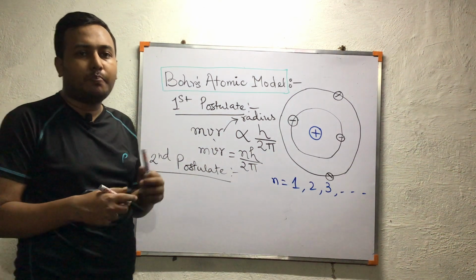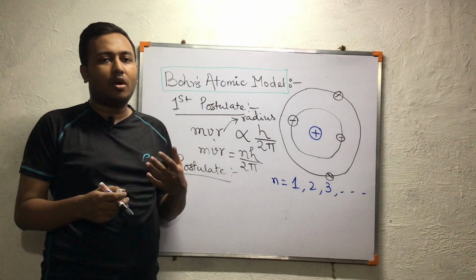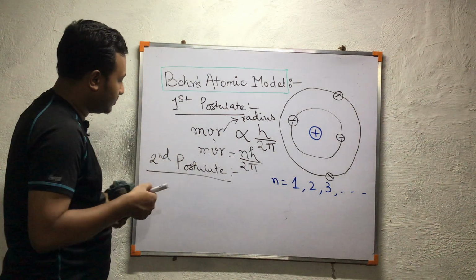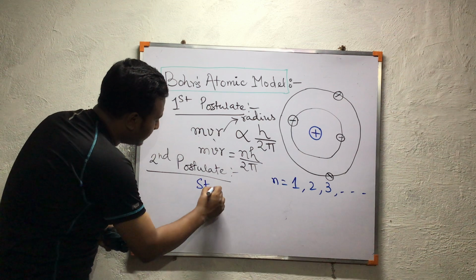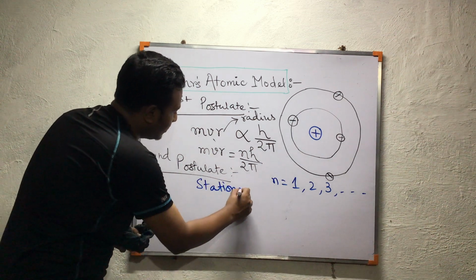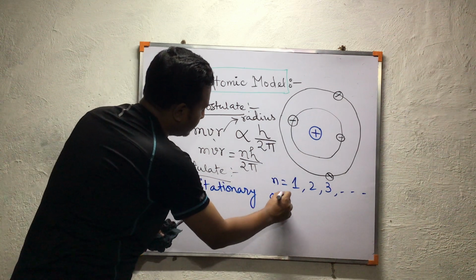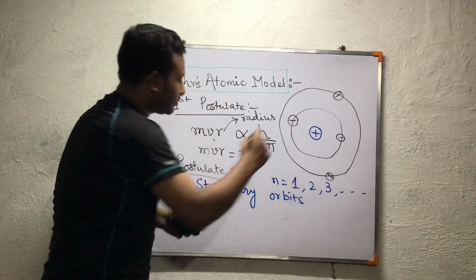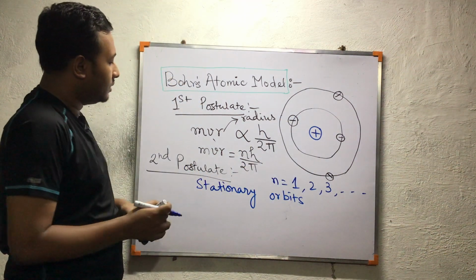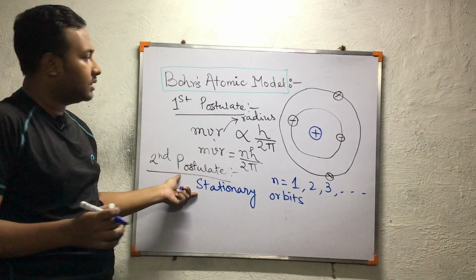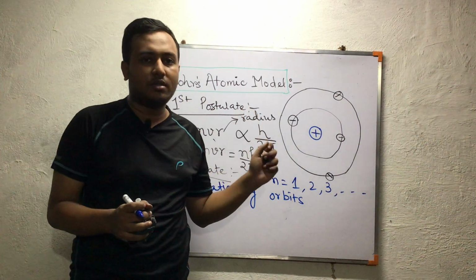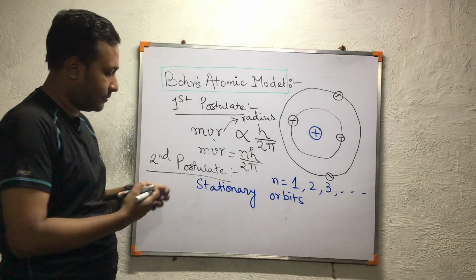That's why these paths or orbits are called stationary orbits. So here we get the concept of stationary orbits, where the energy of the electron remains constant.